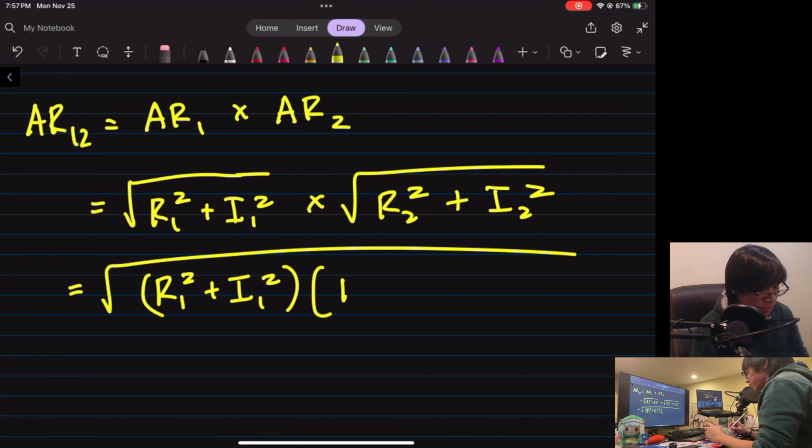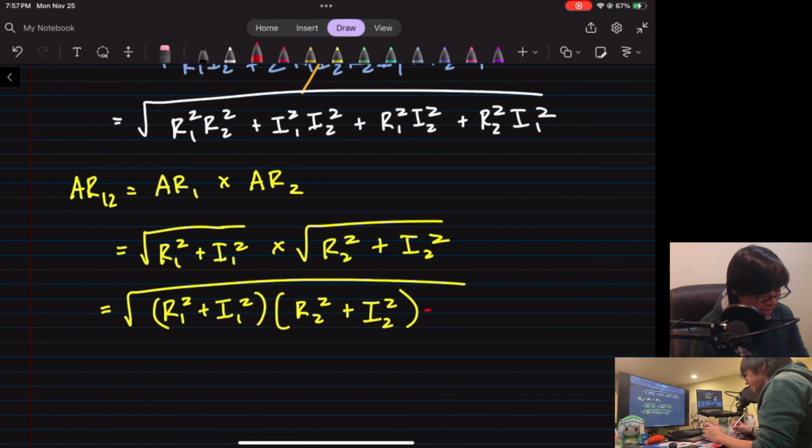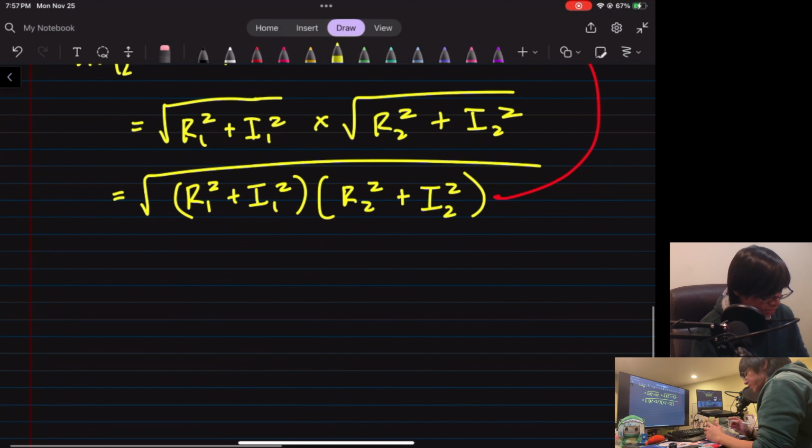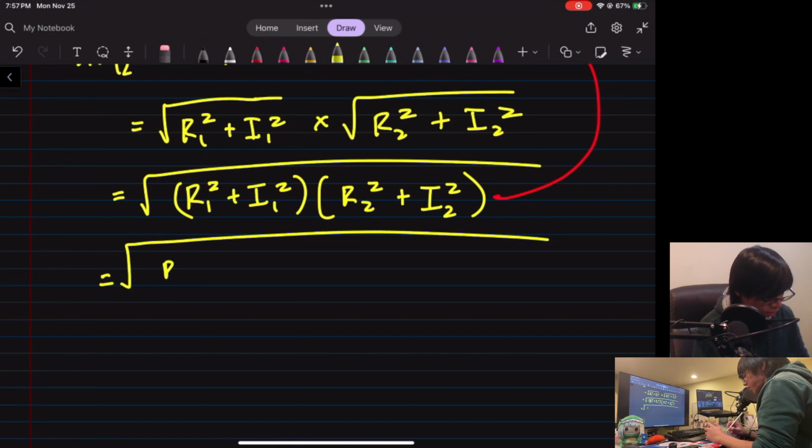I'm just distributing the variables across, and for what it's worth, I'll write it out, since you should see that these are identical, they're the same. So if I write out this product, I have R1, R2 squared of each. I have R1 squared times I2 squared.